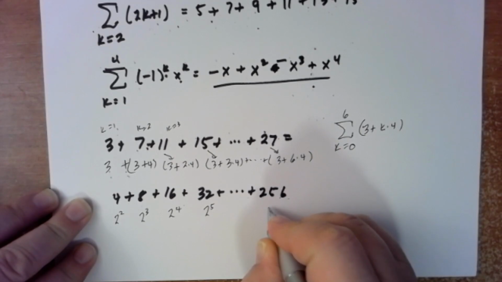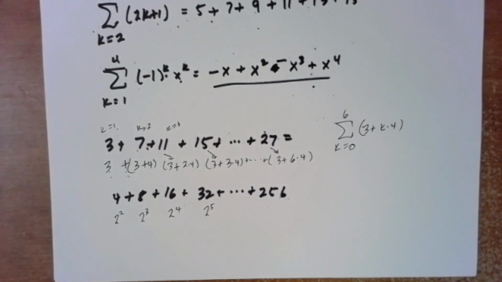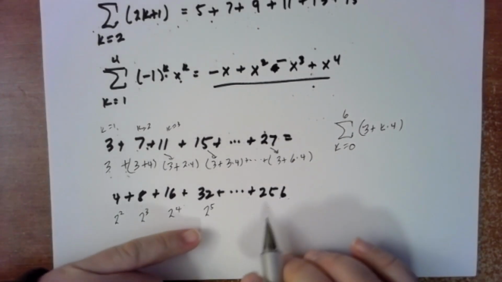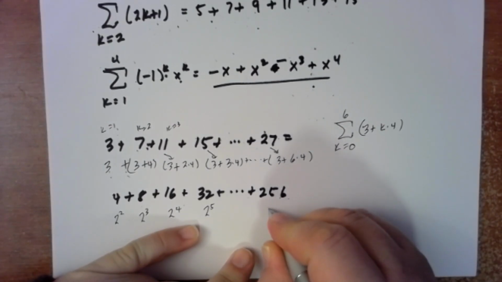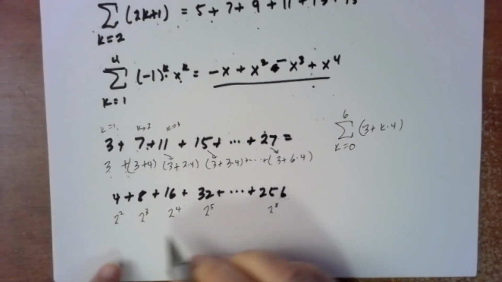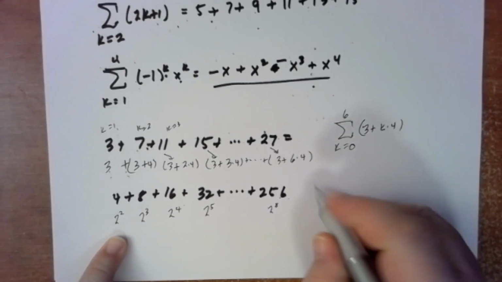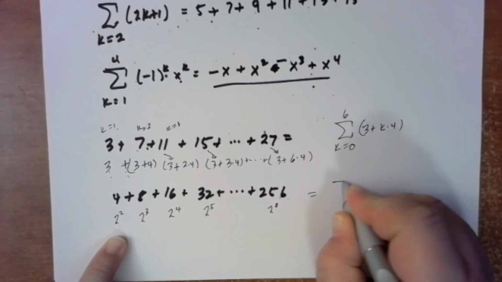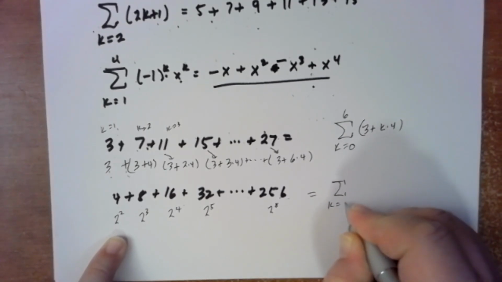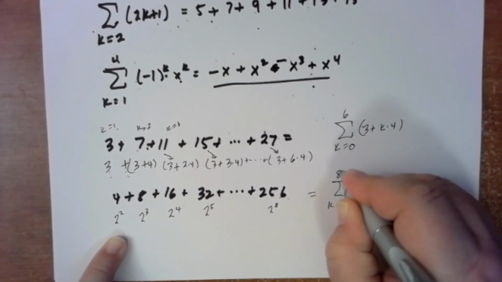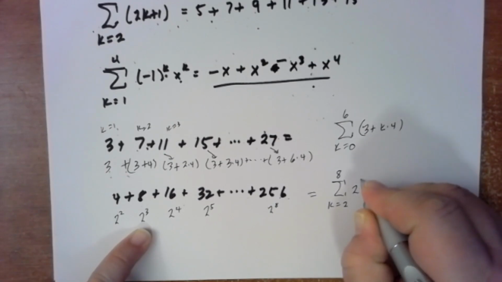And then that ends with 256, which is going to be what? You can take a moment to check on your calculator, but I believe 256 will be 2 to the 8th power. Okay, so we have 2, 3, 4, 5, 6, 7, 8. So this is going to be equal to the sum, k equals 2 to 8, of 2 to the k.